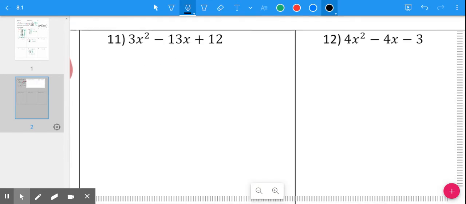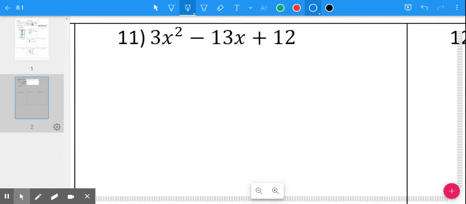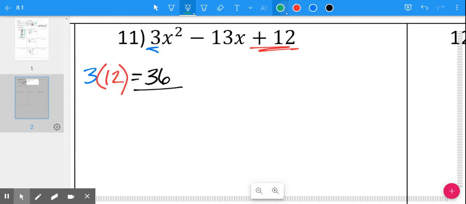So let's look at another one. So we have this one. The a value is 3. The c value is 12. 3 times 12 is 36. It's a positive 36, and they're going to add to a negative. So both factors will be negative.